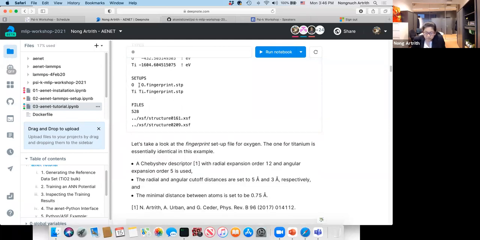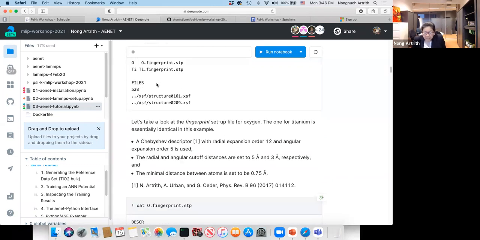And then the names that we set up, like I just showed before, the oxygen fingerprint and the titanium fingerprint setup. And then in total here, I selected only 528 structures, but in the full database of titanium dioxide, we have around 7,000 structures. For this tutorial, I only picked around 500 structures.